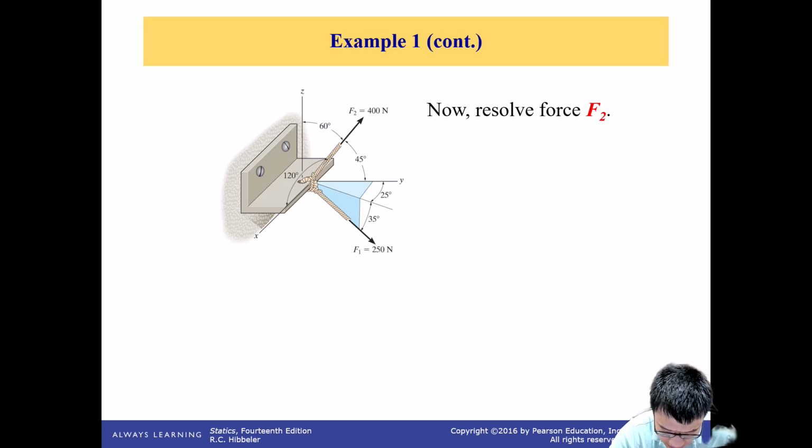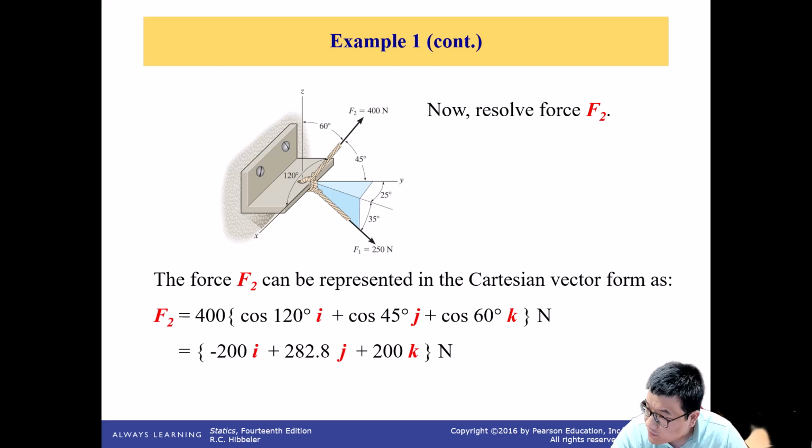F2 should be a little bit easier because its angle to each axis is already given. F2 should be 400 times cosine 120, which is F2's angle to the x-axis, and then 400 times cosine 45, because 45 is the angle between F2 and the y-axis, and then 400 times cosine 60, because 60 is the angle between the F2 vector and the z-axis.